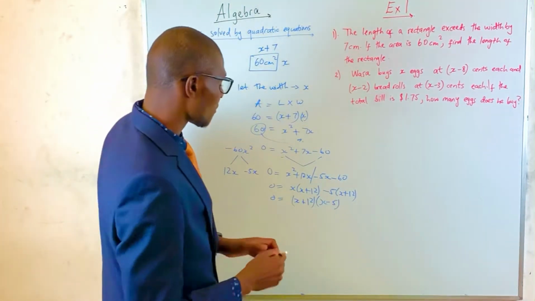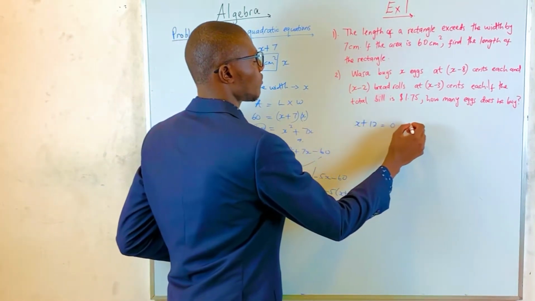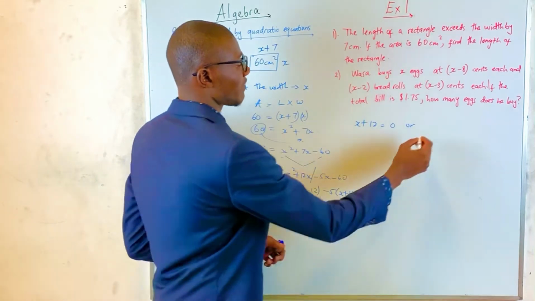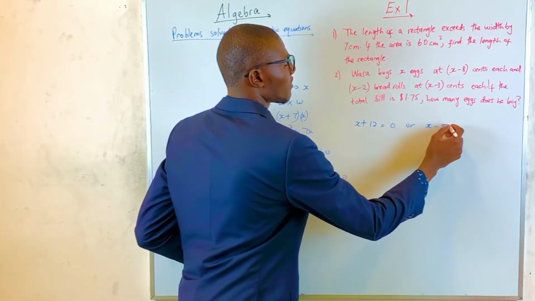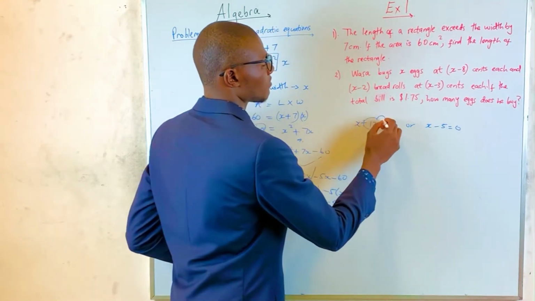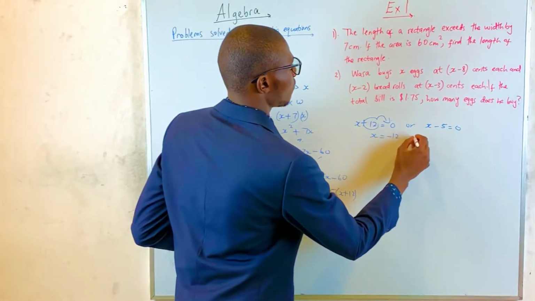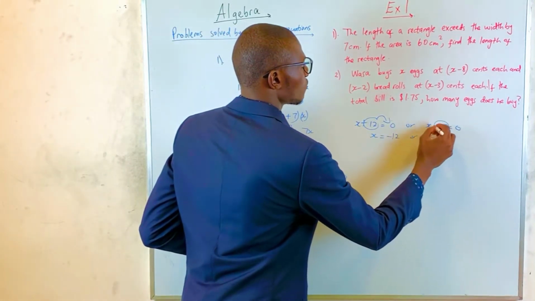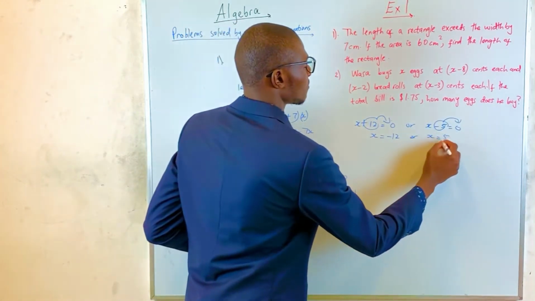From this step, we're now saying either x plus 12 is equal to 0 or x minus 5 is equal to 0. So x is equal to minus 12, or x is equal to 5.